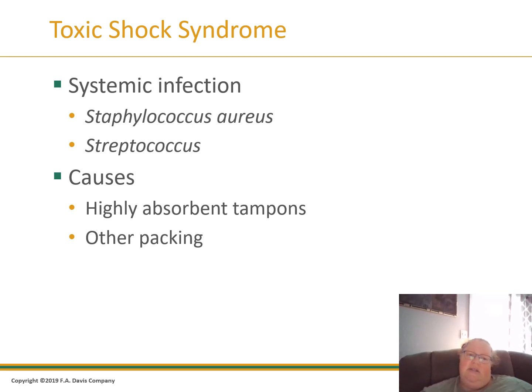Toxic shock syndrome is a systemic infection. It's a staph or strep caused by highly absorbent tampons. Basically, if you put anything foreign in you for a great long amount of time, meaning about 8 hours, you're at risk for toxic shock syndrome because you're basically locking things in. Remember, our menstrual cycle is for things to flow out.